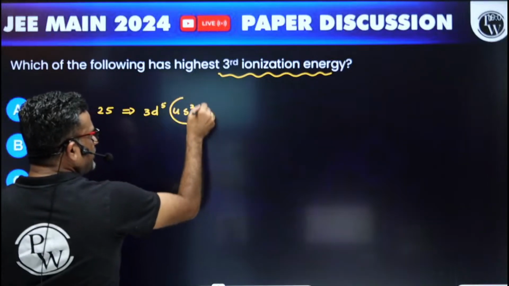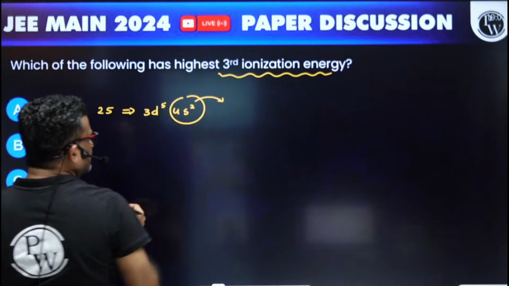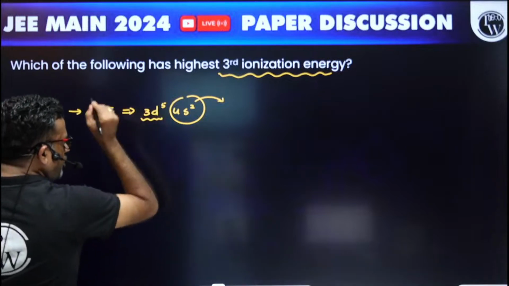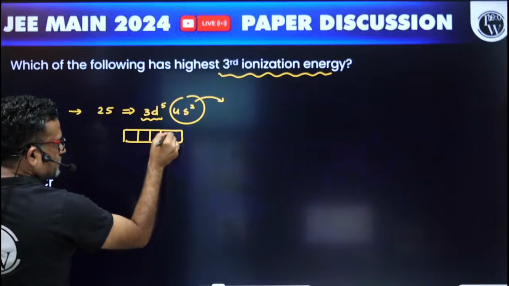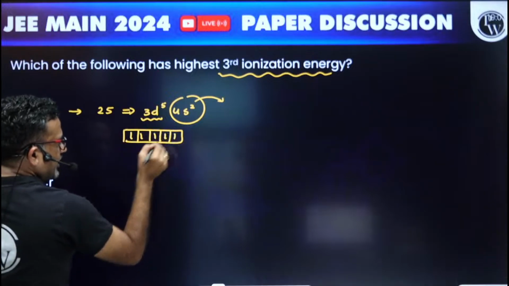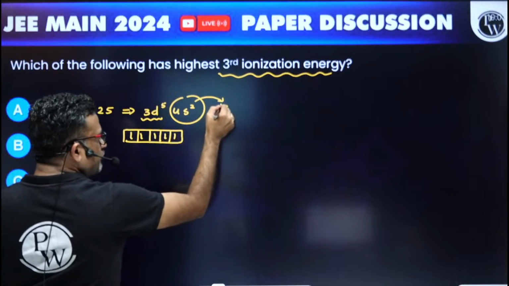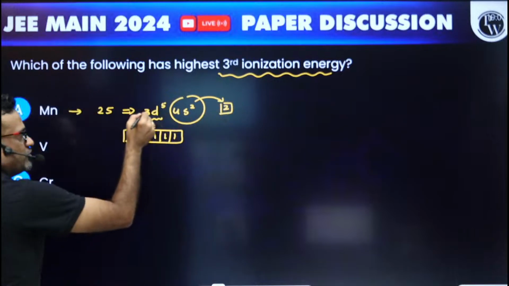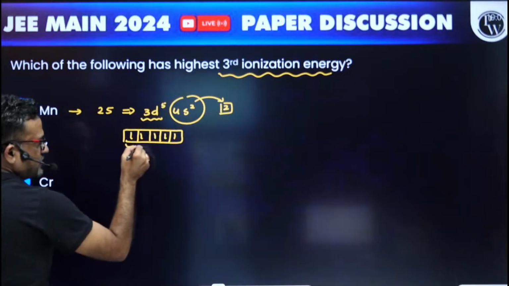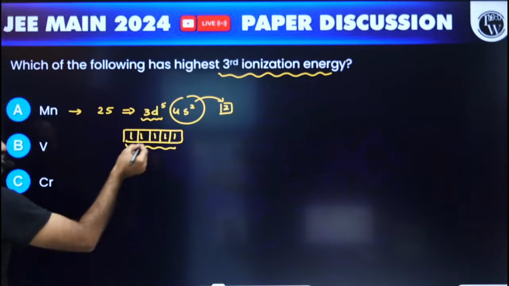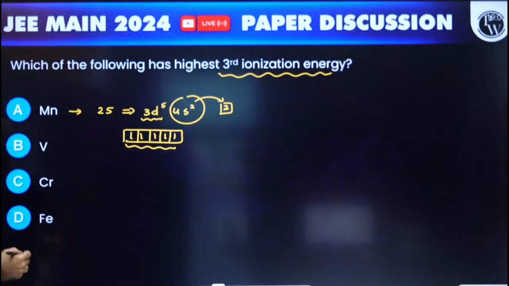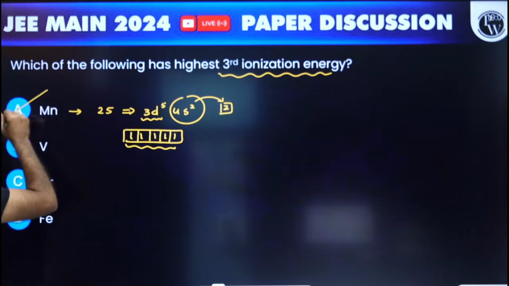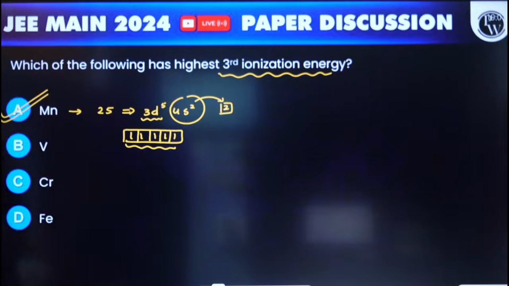If you are removing these two electrons out, the third electron has to be removed from half-filled configuration, which is extra stable. First two electrons are removed from 4s. The third electron is removed from 3d5, which is extra stable. So to remove that electron from the extra stable configuration, we need a high amount of energy. Therefore, compared to all, this will have the highest amount of energy.